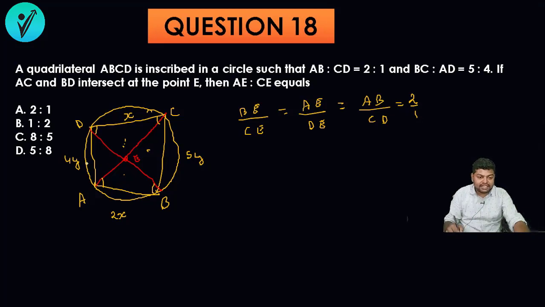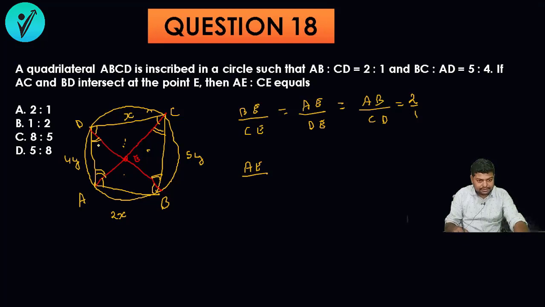Next, similarly, if you see that this is a chord, this angle will be equal to this angle, and for this chord, this angle will be equal to this angle. So again we can say that this smaller triangle and this triangle are similar. Triangle EDA and triangle ECB are similar. So, similarly, write the relation.